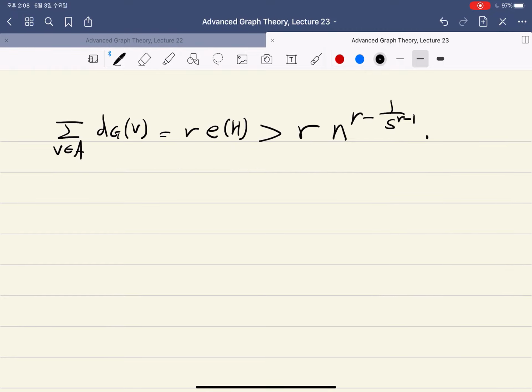But again, similar to the previous bipartite case, we consider the sum of the degrees, and we also consider the sum of other functions of the degree.